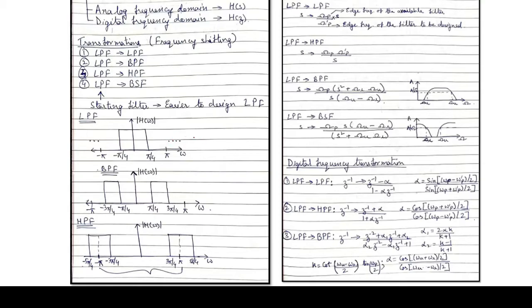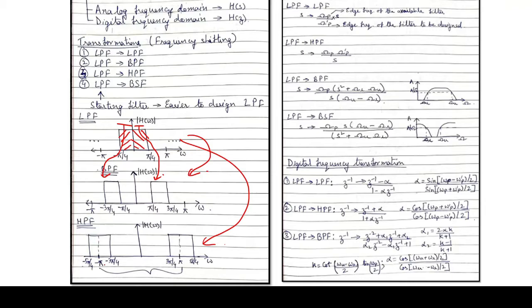On the other hand, if you want to make it a band pass filter, that is also possible. We need to separate this area and this area. This area moves over here and the second area moves over here.